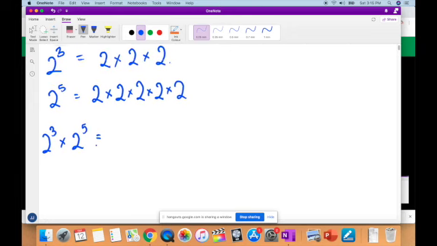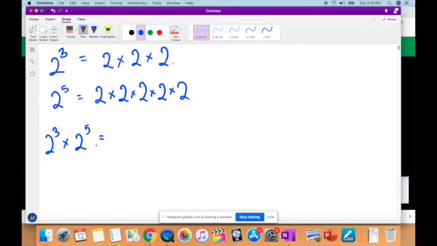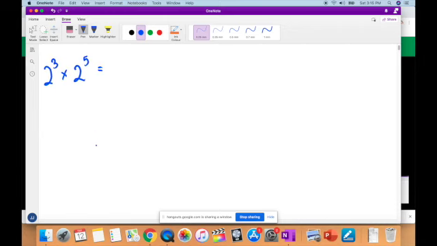And for that kind of multiplication, we just add the indices. Yes, but can you prove why you add the indices? It's easy to prove.